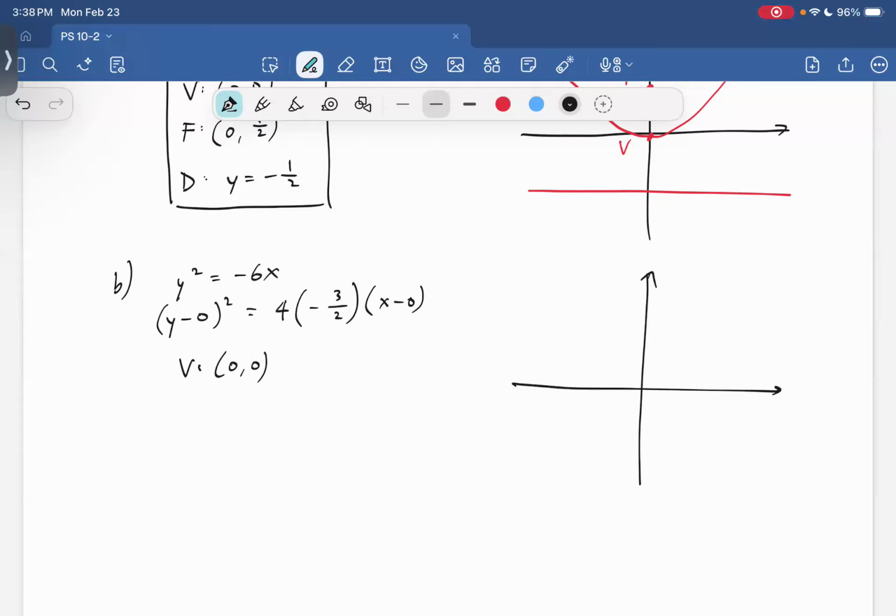And this is a horizontal parabola facing left because p is -3/2. So the focus is here, and the directrix is going to be here. So the focus will be at -3/2, 0, and the directrix is at x equals +3/2.